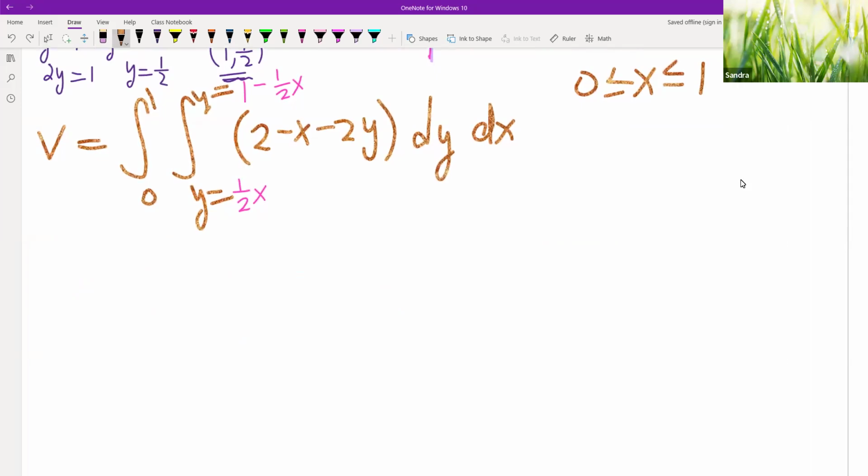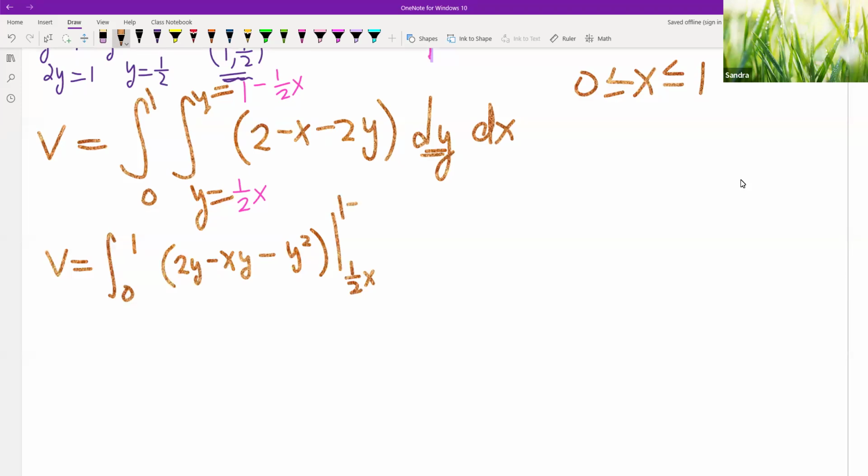Okay, so here we go. The volume will be equal to the integral from 0 to 1. We are integrating with respect to y, so this will be 2y minus xy minus y squared, from this function to this one, dx. Plug it in.